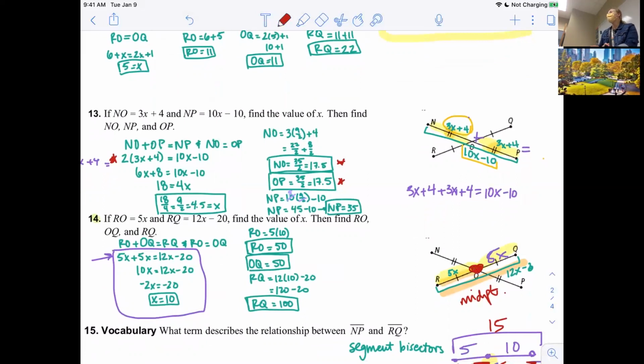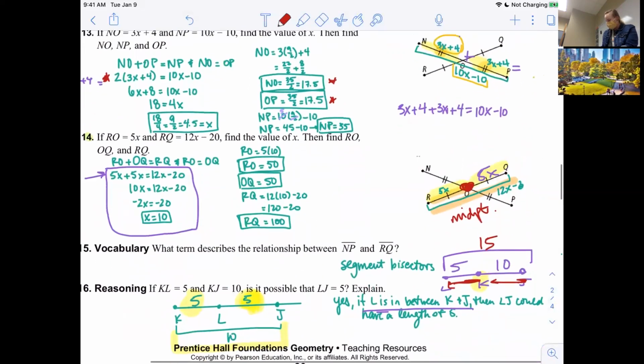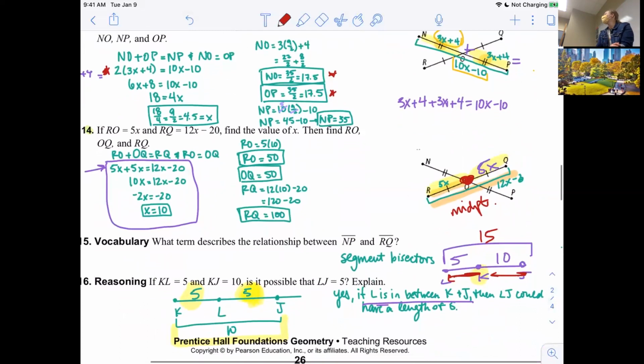Good. It's the midpoint on both of them. If I have O on NP and RQ goes through O, that's a segment bisector for NP. And if I have O on RQ and NP goes through that, then it's also a segment bisector. So the term describes the relationship between them. They are segment bisectors.